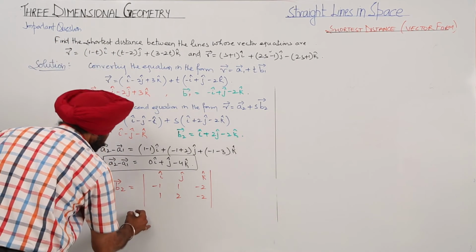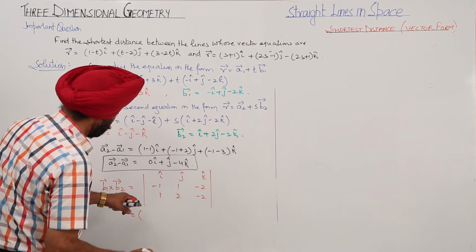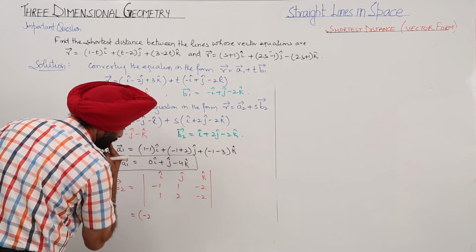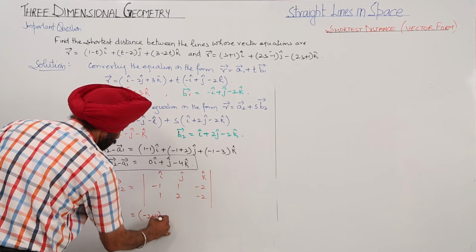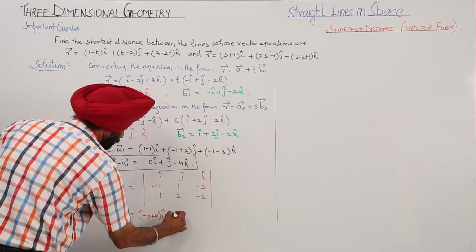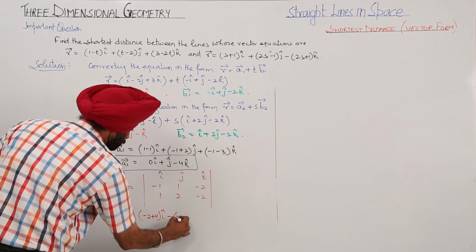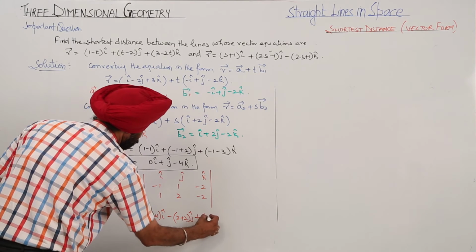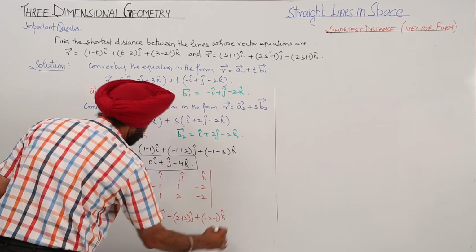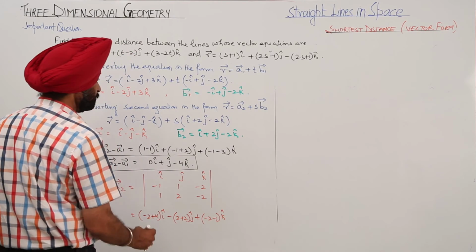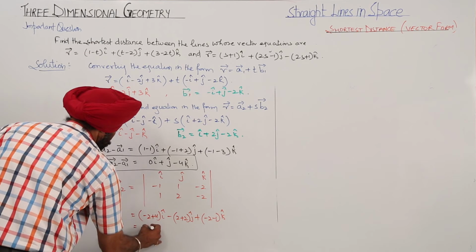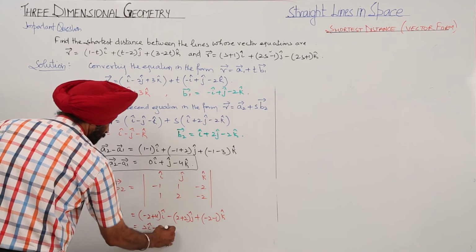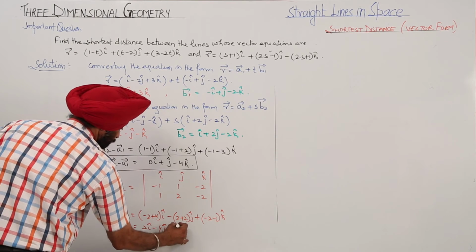Now on solving this one, we are having minus 2 plus 4 with i cap minus 2 plus 2 with j cap plus minus 2 minus 1 with k cap. Now this becomes 2 i cap minus 4 j cap minus 3 k cap.